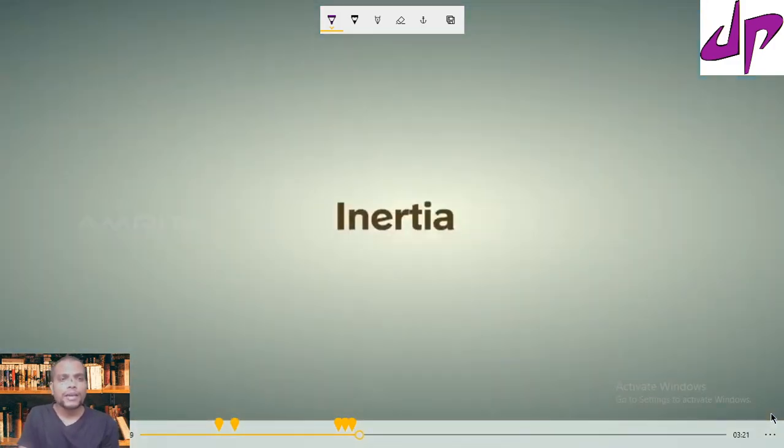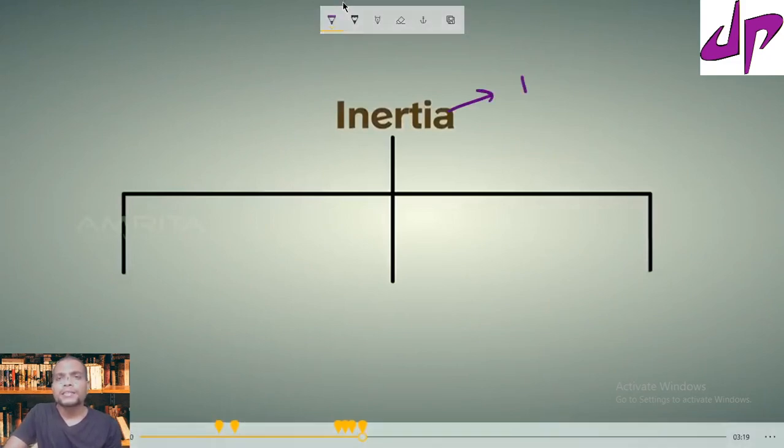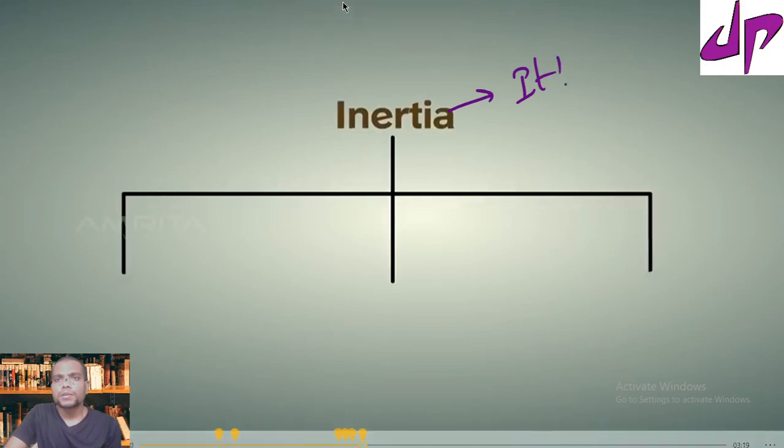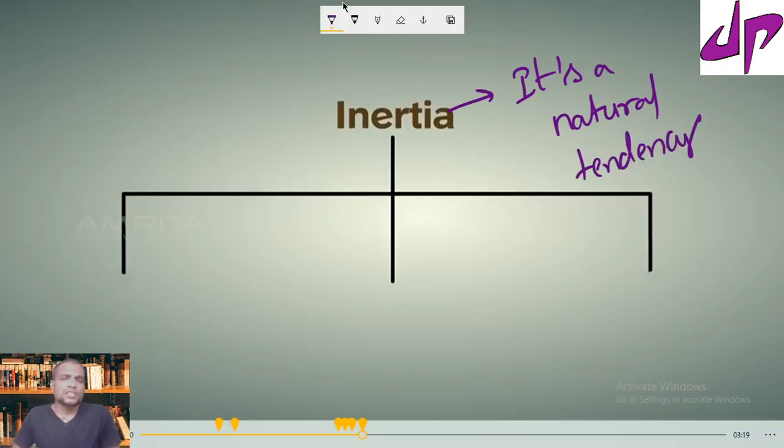So here we need to explain the concept of inertia. We define inertia as a natural tendency. By its nature, every object has inertia.